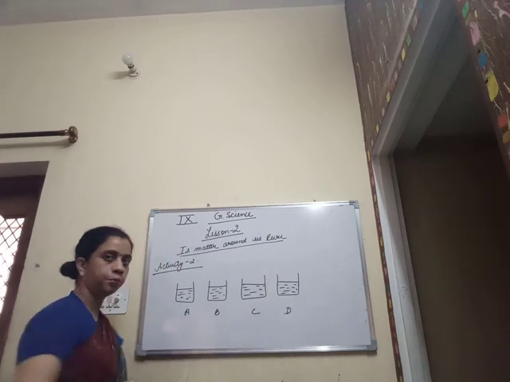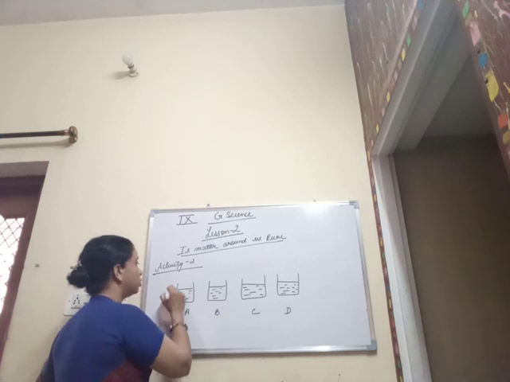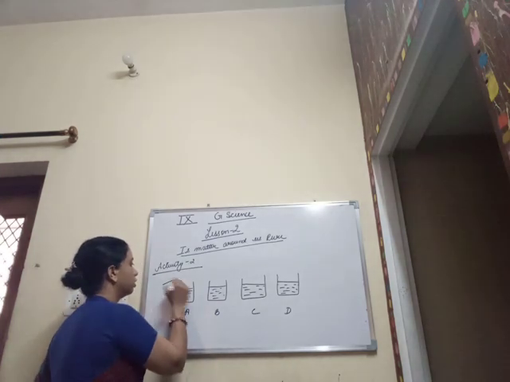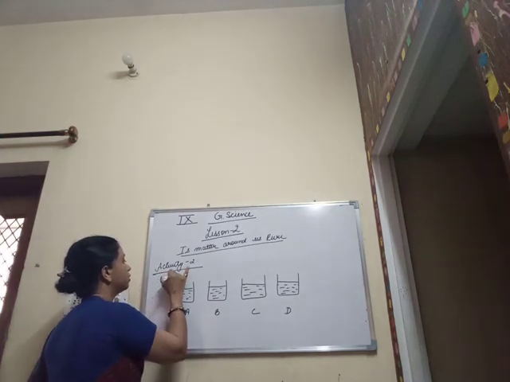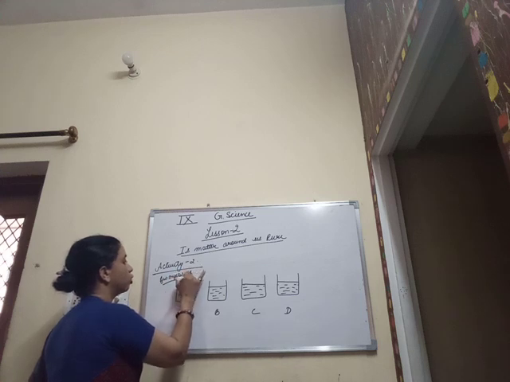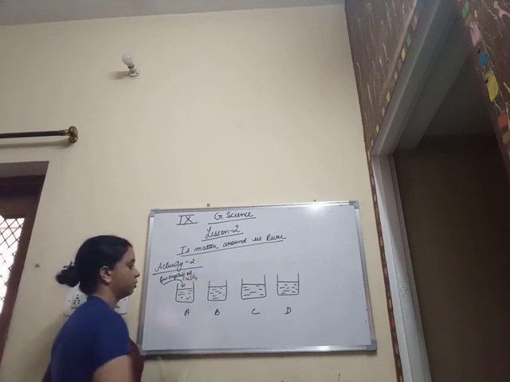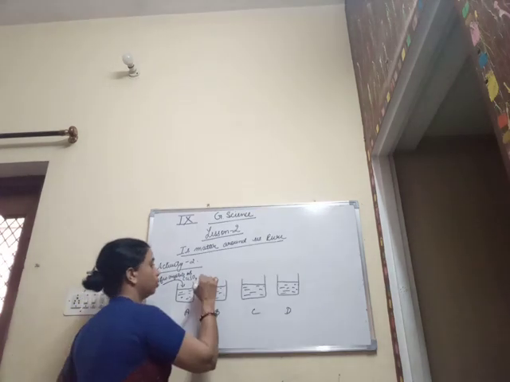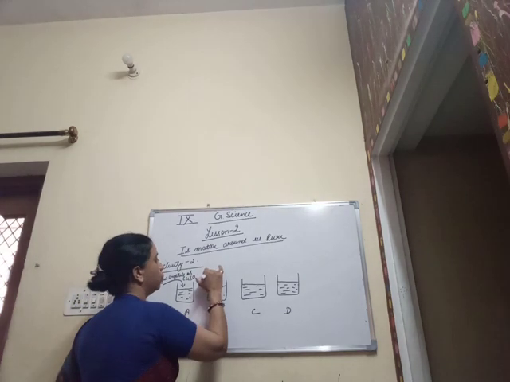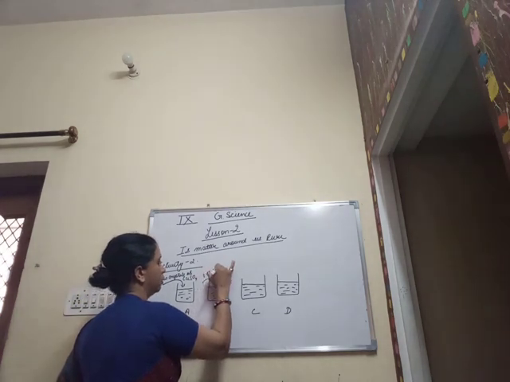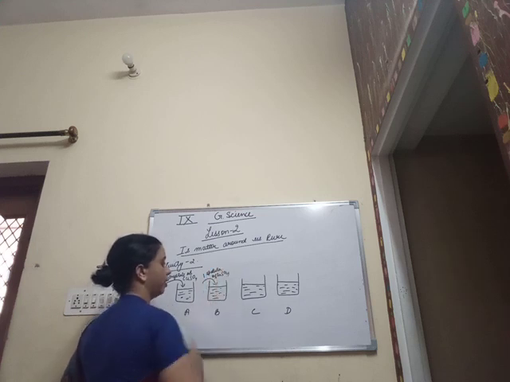Now in beaker A we are going to add a few crystals of copper sulfate. In beaker B we are going to add 1 spatula of copper sulfate.